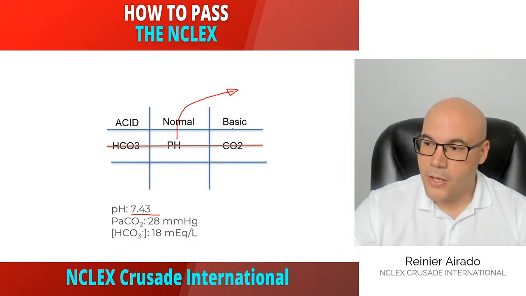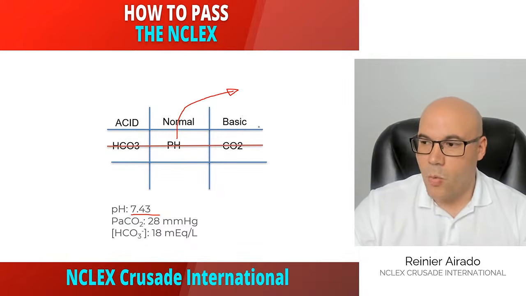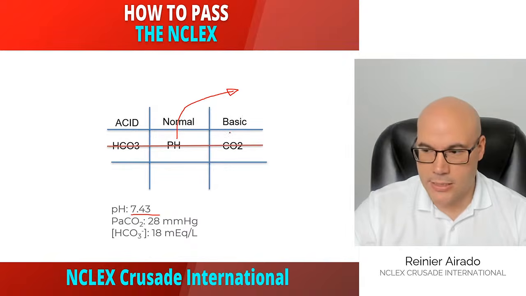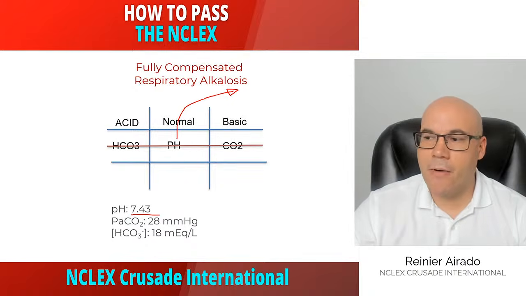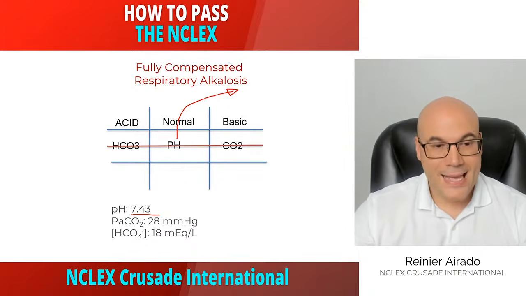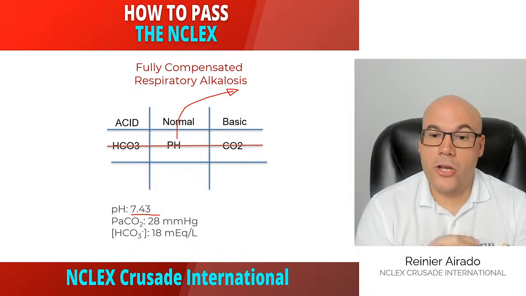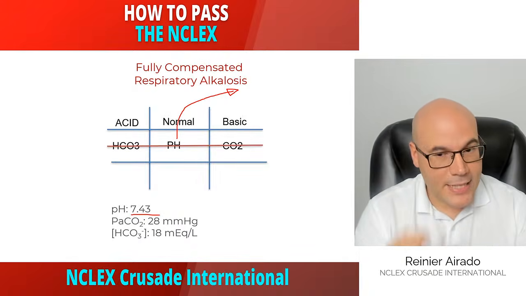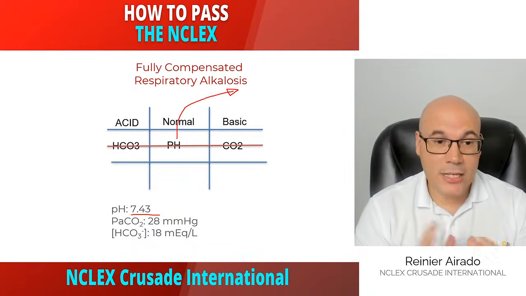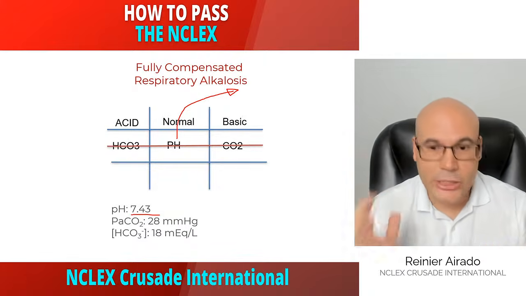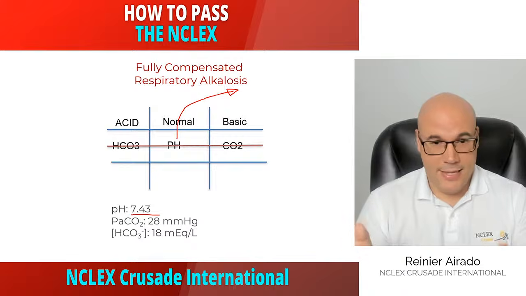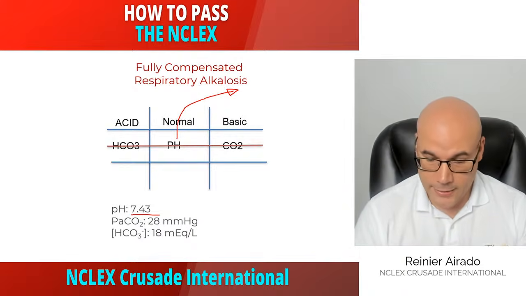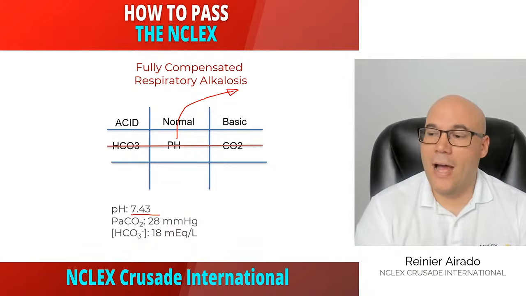CO2. So we know that the problem is CO2. Where is the CO2 in alkalosis? So how do we call this? Fully compensated respiratory alkalosis. This is the way to do it when you don't have clinical manifestations of the patient. If they ask you, this is the ABG, interpret it, and you don't have any clinical manifestations, you don't have a diagnosis, this is the way to do it for the NCLEX. Okay? You have to do an extra step.